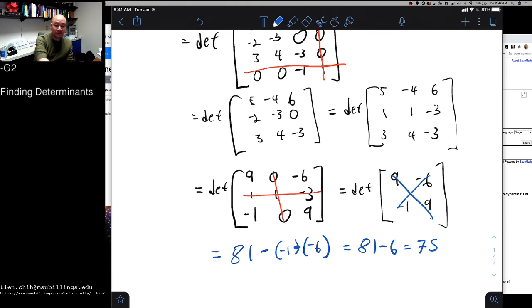Alright. So that was the process of finding this determinant by hand.